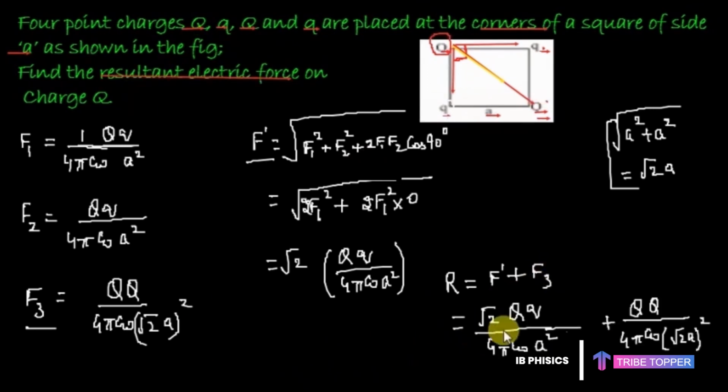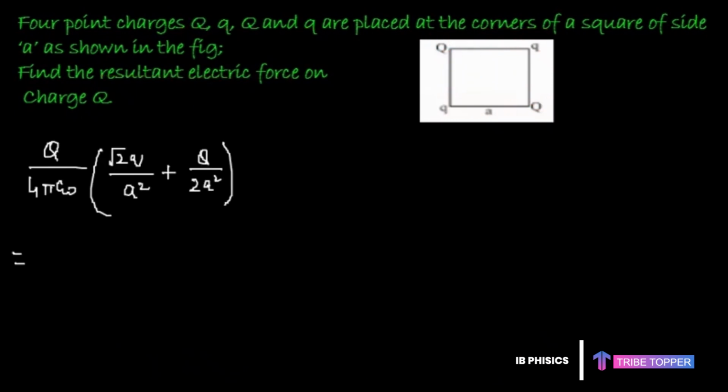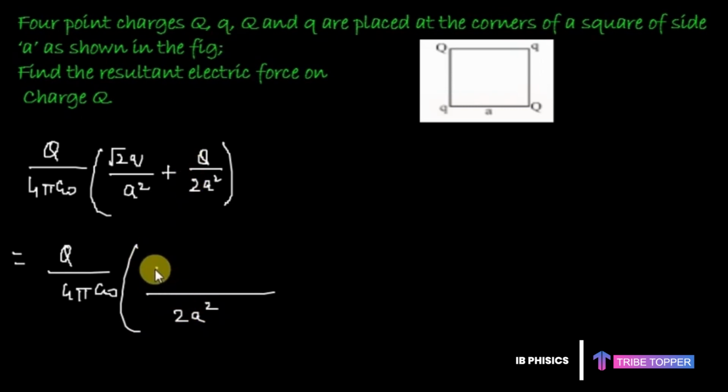So we would now take out this Qq upon 4 pi epsilon naught common, and so we get this expression, and on further taking the LCM inside the bracket, we reach a final expression: Qq upon 4 pi epsilon naught a square times 2a square. So this gives 2 root 2 Q.